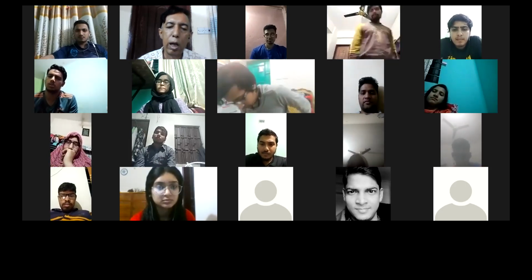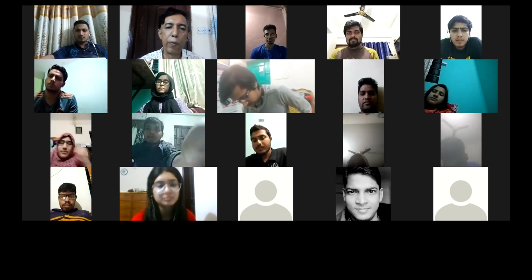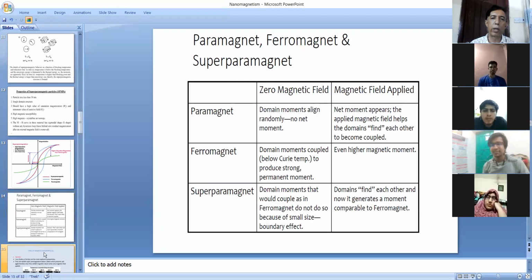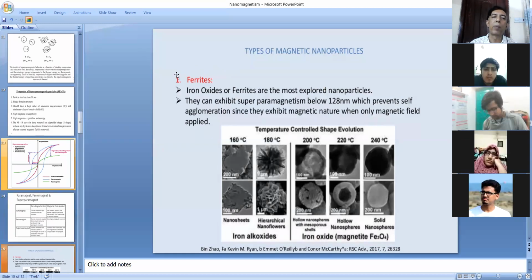Now, the next thing is what are the different types of magnetic nanoparticles? The most used magnetic nanoparticles are ferrites.